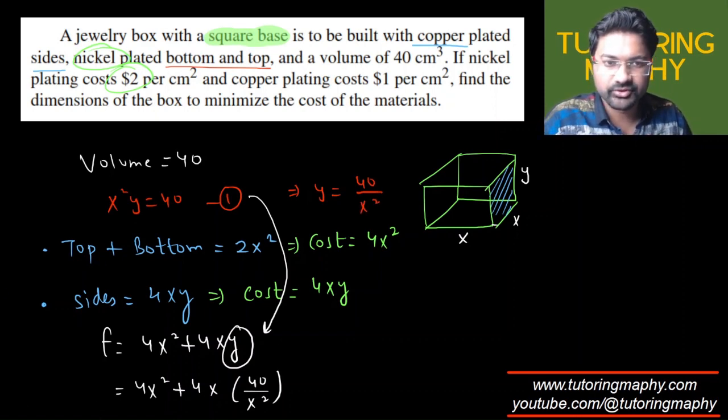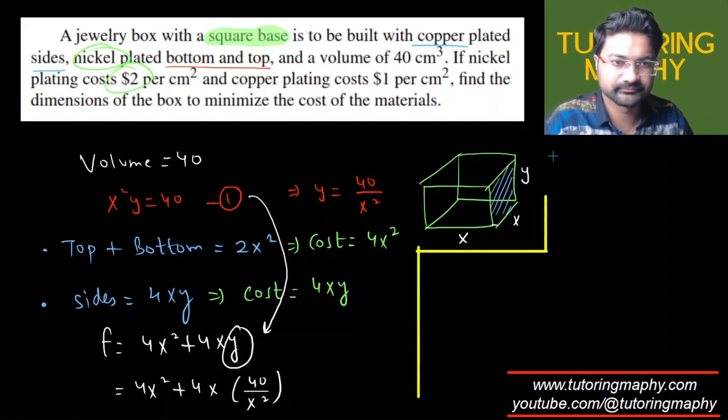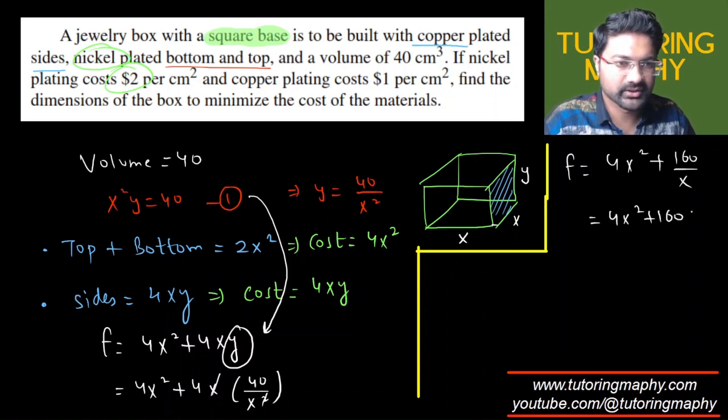Okay, so I'm going to continue my work over here. So the function f is going to look like 4x squared plus, one of the x is gone, and this will become 160 over x. So it will become 4x squared plus 160 x raised to minus 1. That is the function.